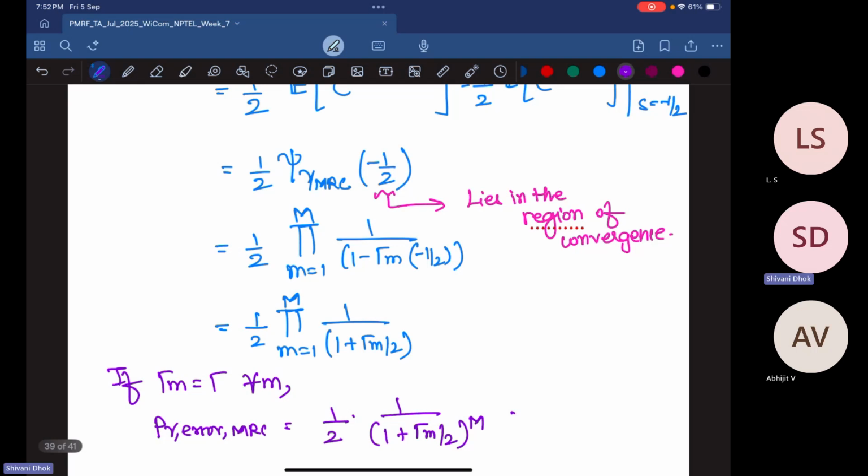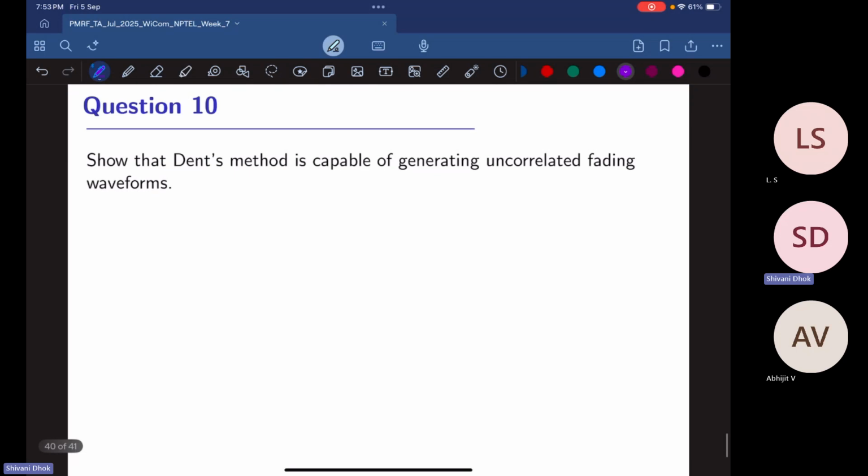If not, then let me move on to the last question for today. So in the class we had said that the dense method is capable of generating uncorrelated waveforms.